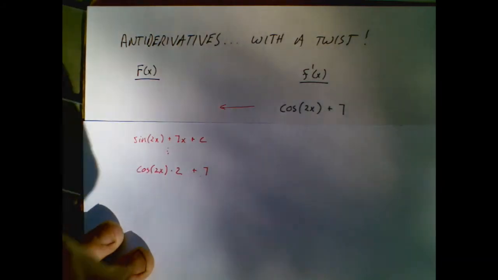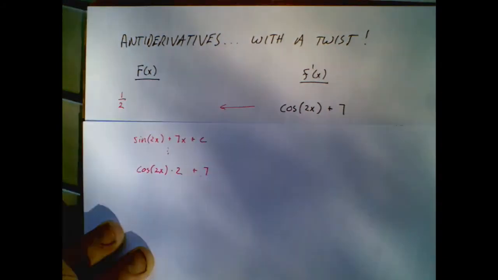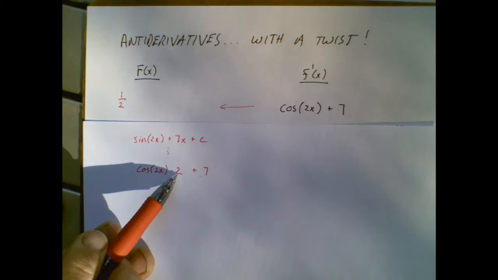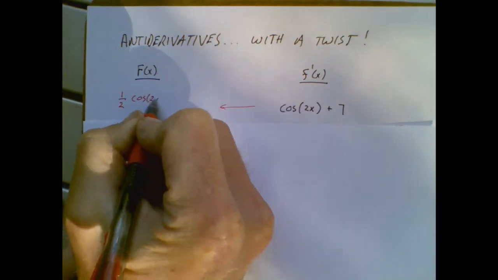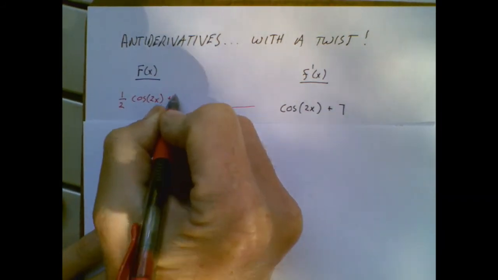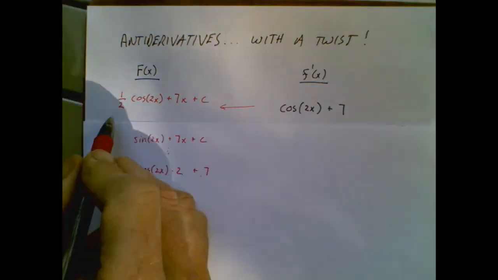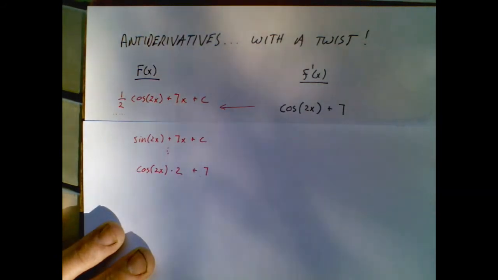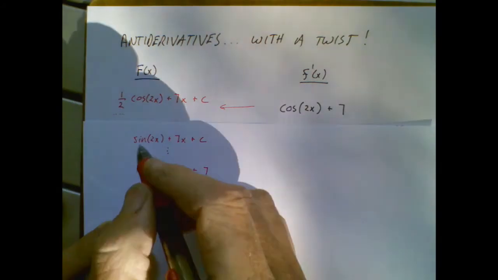So when I do my antiderivative, I have to tack on a coefficient of 1/2 that will help battle out this extra times 2 that was a nuisance. This extra 1/2 is actually a way to fight a ninja in reverse. We're fighting ninjas in reverse in this lesson.